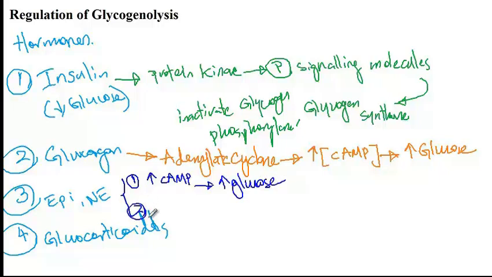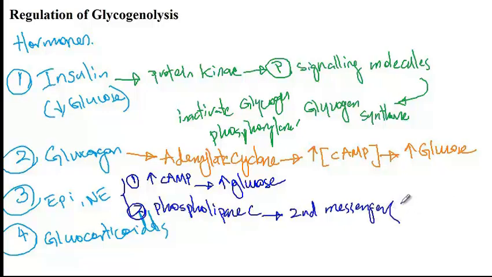And then the second mechanism is that they stimulate the phospholipase C enzyme, which will produce second messenger molecules such as inositol 1,4,5 triphosphate, shown as IP3, diacylglycerol and calcium molecules.